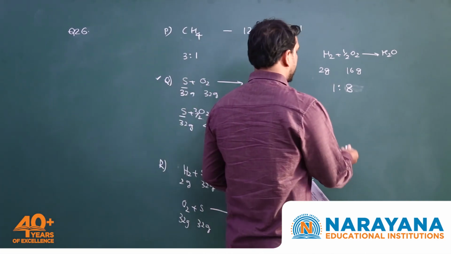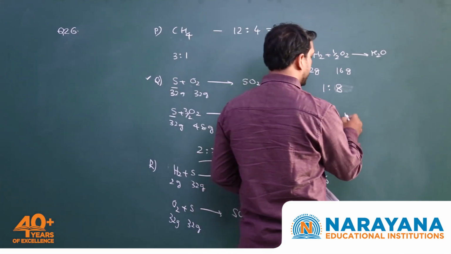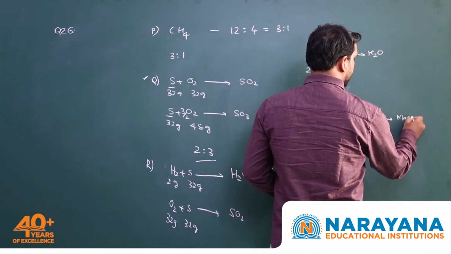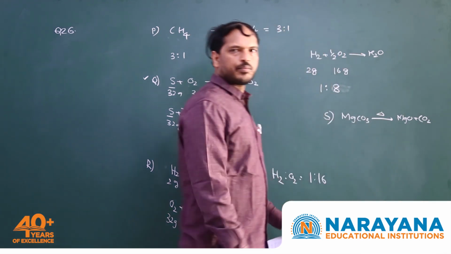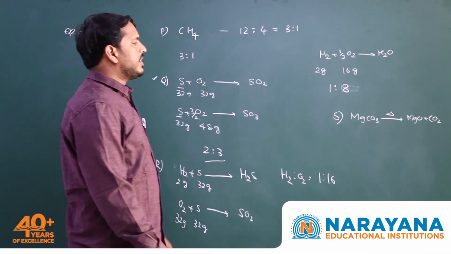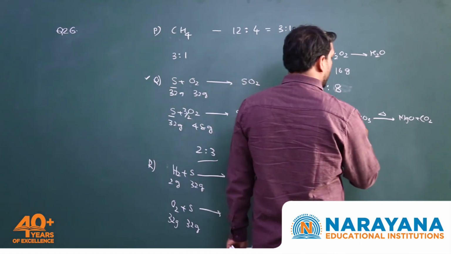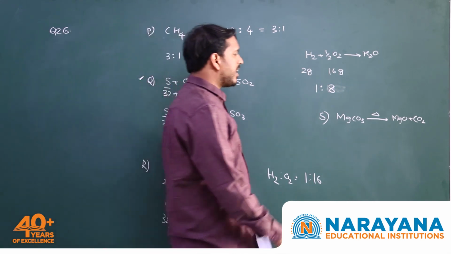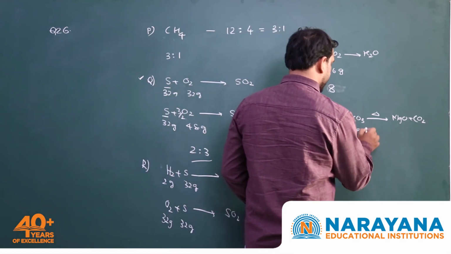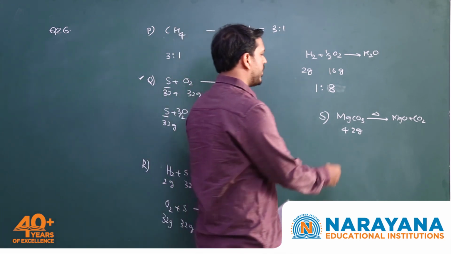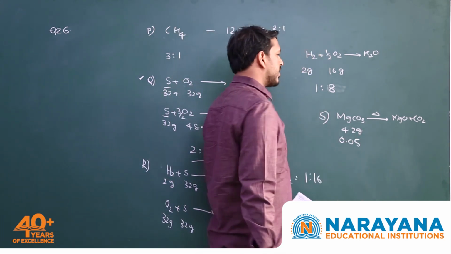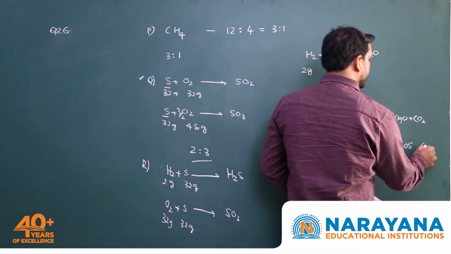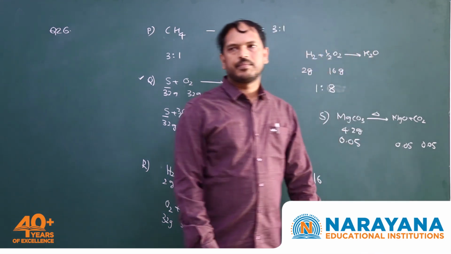So, now if we take the option S, here magnesium carbonate is thermally decomposed to give MgO plus CO2. So, magnesium carbonate here 1 mole gives 1 mole magnesium oxide, 1 mole CO2. What is the weight of magnesium carbonate given? That is 4.2 grams. This comes out to be 0.05 mole. So, according to the equation we should get 0.05 mole of magnesium oxide, 0.05 mole of CO2.